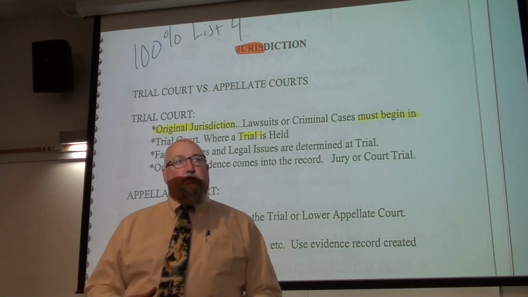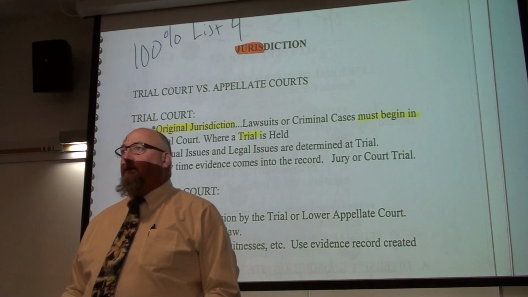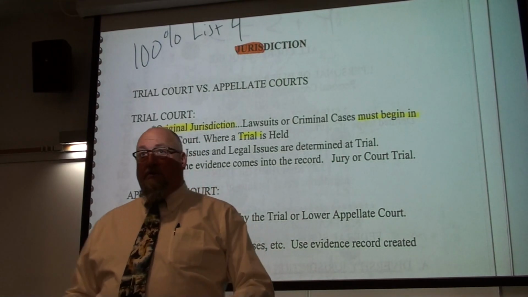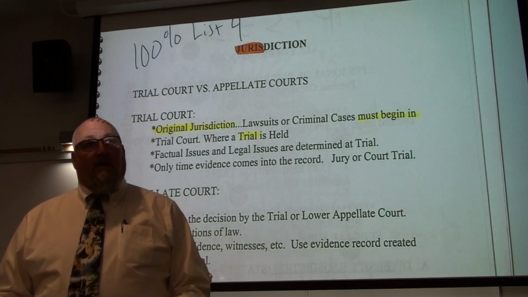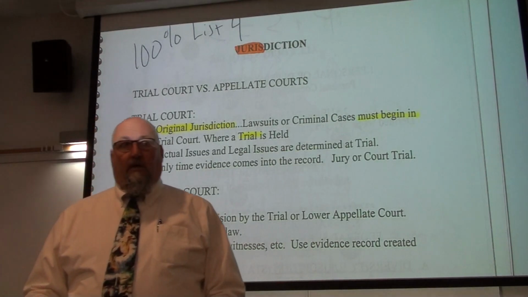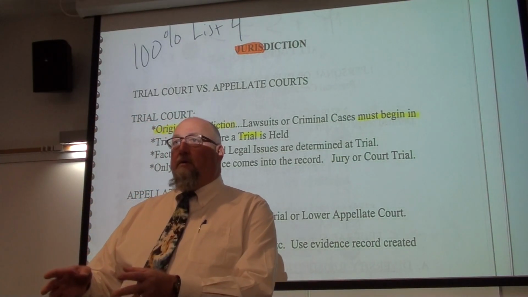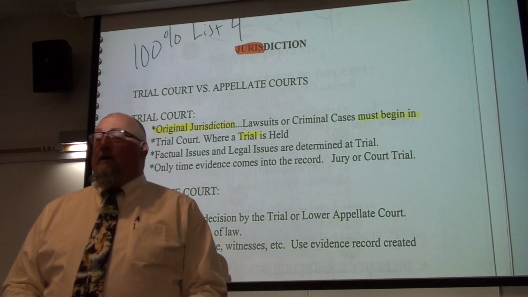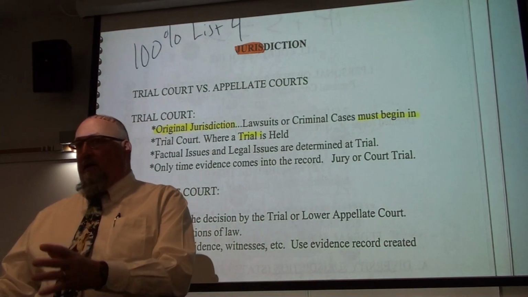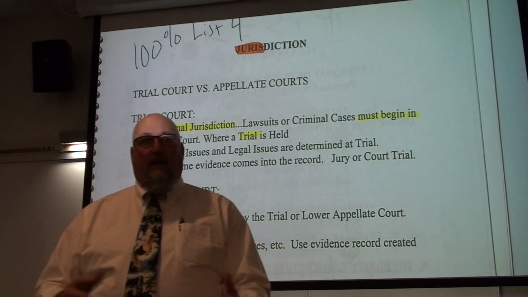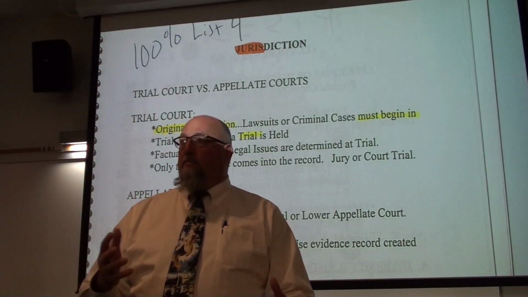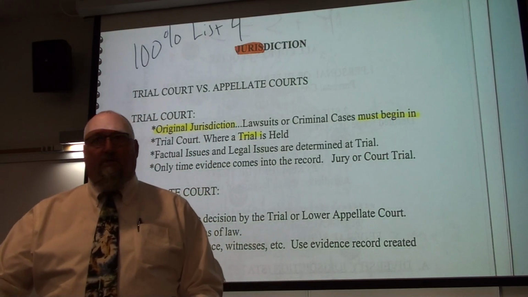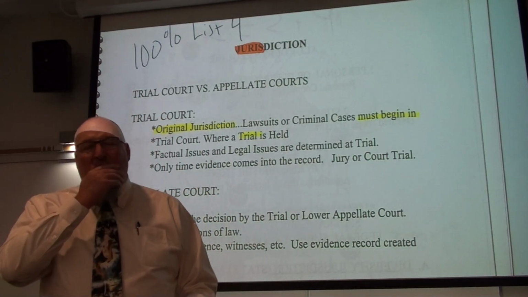Now, when I talk about issues of fact, we're talking about who, what, where, why, and when, right? So who? The identity of a person. Is the person that's accused of the crime the person that committed the crime? That's an issue of fact. And it may be a dispute about whether or not it is the correct person. Were they picked out in a lineup? Is the videotape a picture of a video of the person or somebody that looks like them?